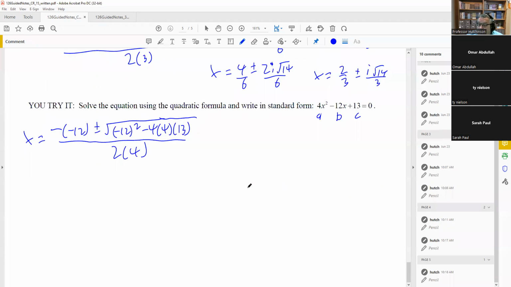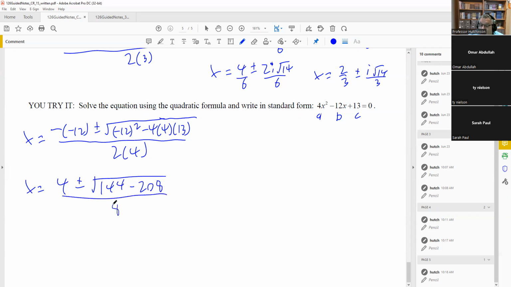Next thing we want to do is just try and simplify that as much as possible. Okay, so I have x is equal to 4 plus or minus, and inside here, negative 12 squared is 144. And then inside there, I have minus 208. 4 times 4, 16 times 13 essentially is 208.